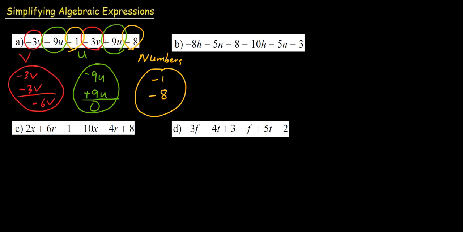That gives 0. Then we are left with negative 8, negative 1 is negative 9. We'll just simply write that in: negative 6v plus 0u, negative 9. And we can leave out 0u just to get negative 6v minus 9.